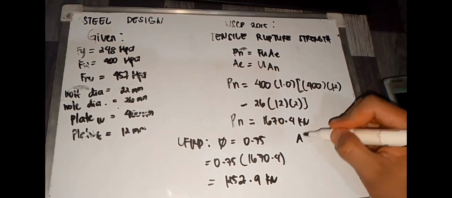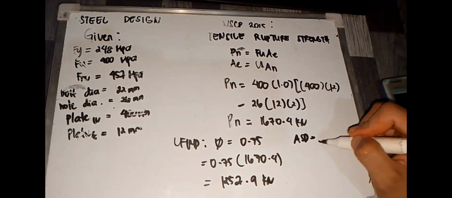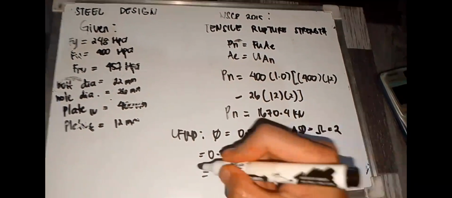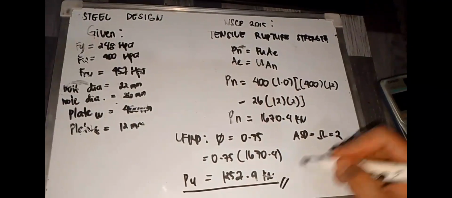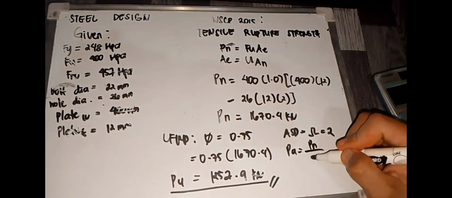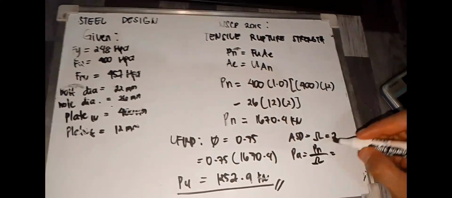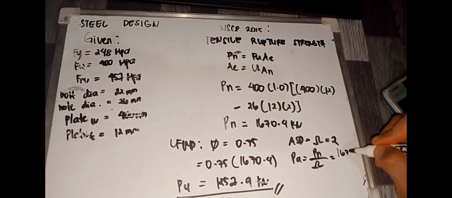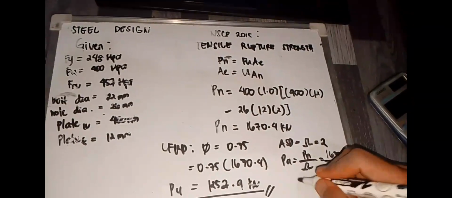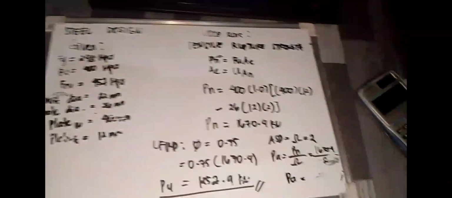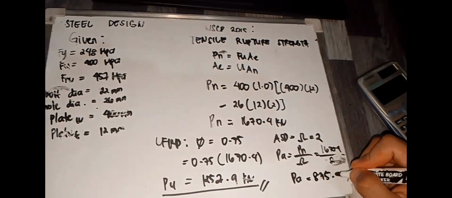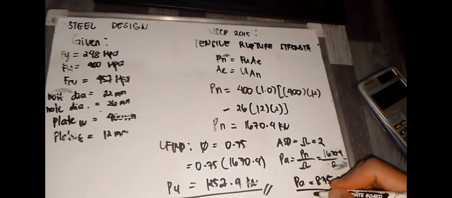So in ASD, omega is equals to 2. So Pa is equals to Pn over omega, 1670.4 over 2. So Pa is equals to 835.2 kilo Newton.